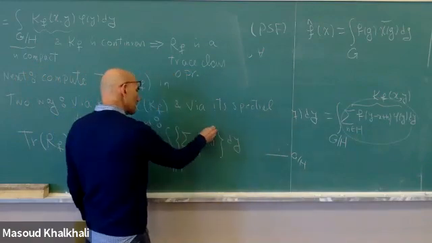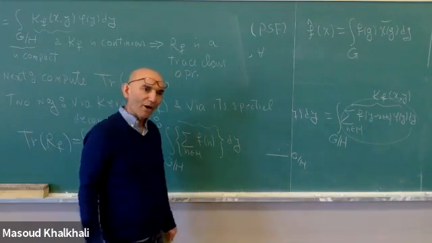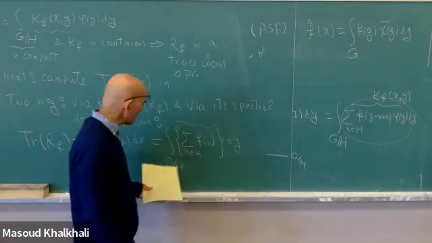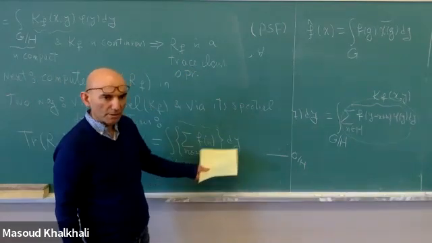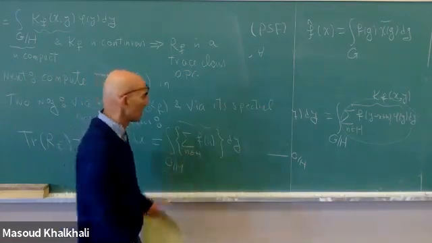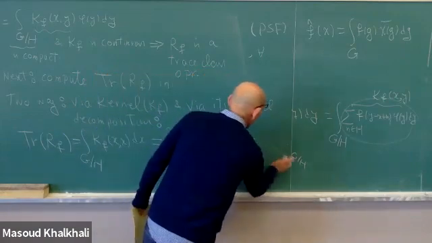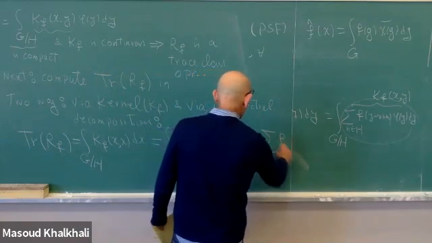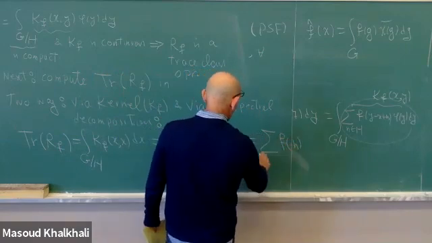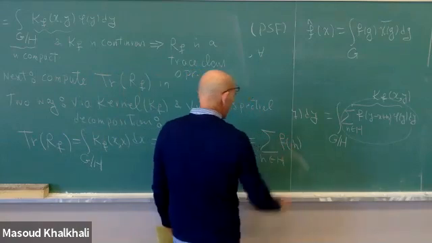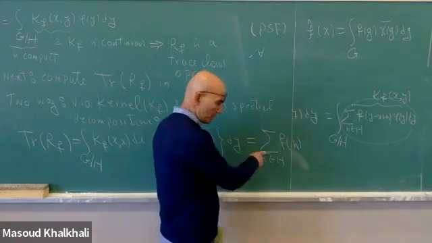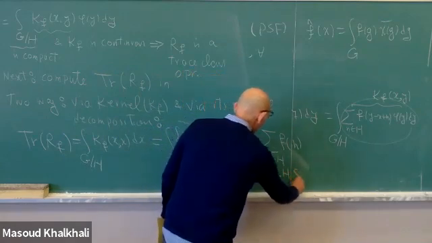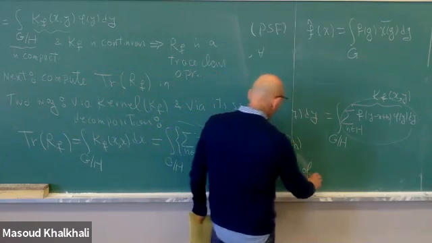But this is now independent of y, so you just pull it out. This is compact and the Haar measure is normalized; the theorem I said guarantees that. So this is equal, on the nose, to the sum of f of h, h in H. And this is exactly the left-hand side of the Poisson summation formula.